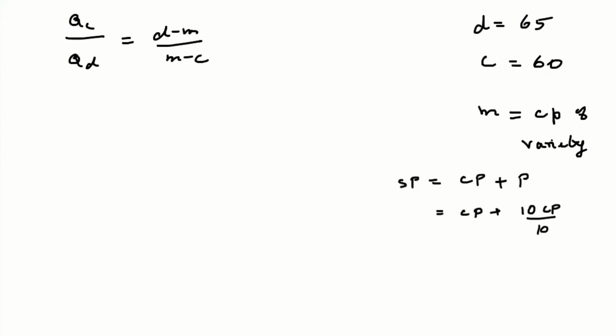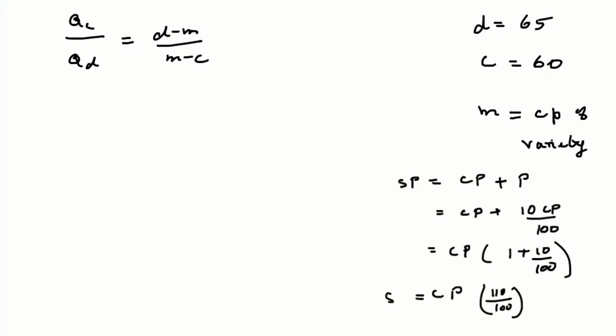That is what is given. So take the cost price out: cost price into 1 plus 10 by 100, so it is cost price into 110 by 100. That gives you the selling price.